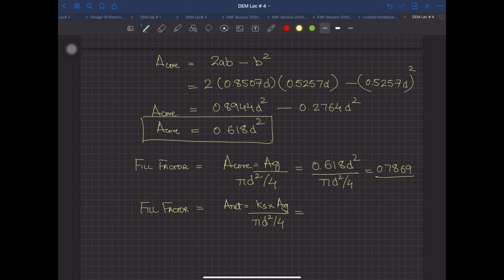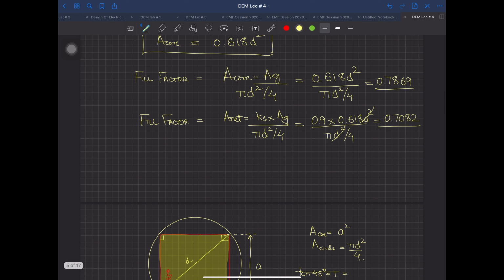Now that 0.9 can be different for your case, ठीक है, when you are designing it. I'm just taking it as 0.9 over here. So this will be 0.618 D square divided by pi D square by 4. D square and D square cancelled, and you have 0.7082.